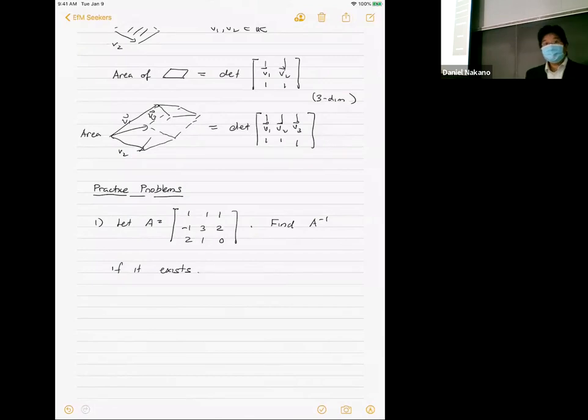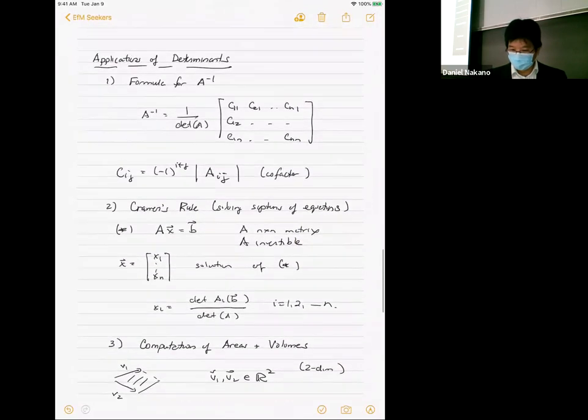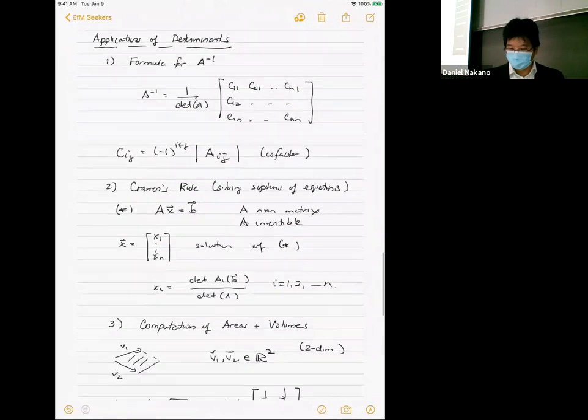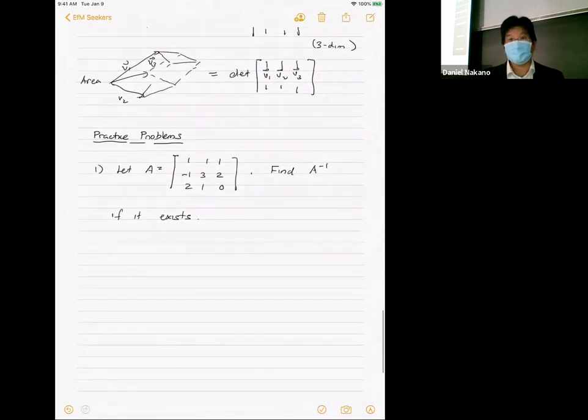All right, so here's a 3x3 matrix. To test invertibility, you may want to check the determinant first. If the determinant's 0, you're done, because then A inverse does not exist. If the determinant is non-zero, then you could either use cofactors to figure out what the inverse is, using the formula that I gave up here in number 1, or you can find the inverse by using Gaussian elimination.